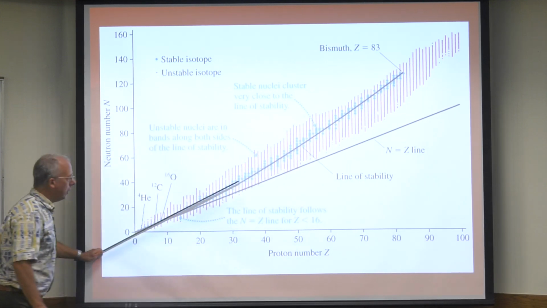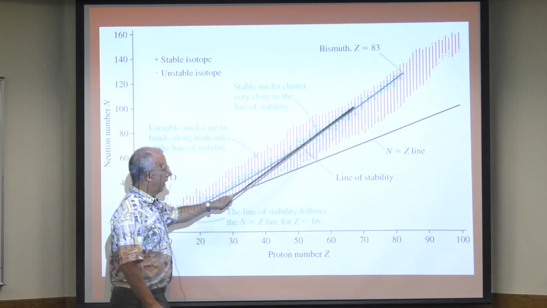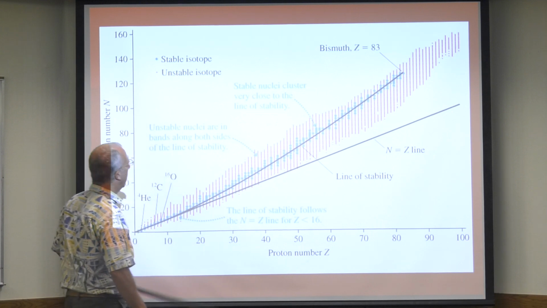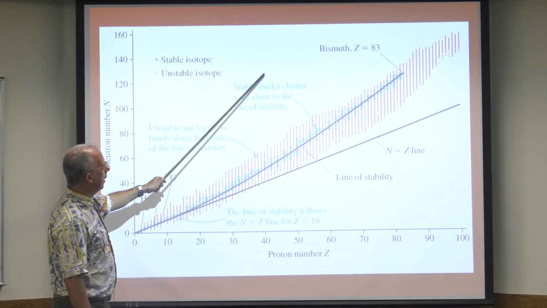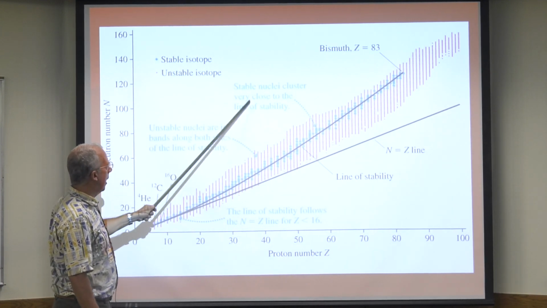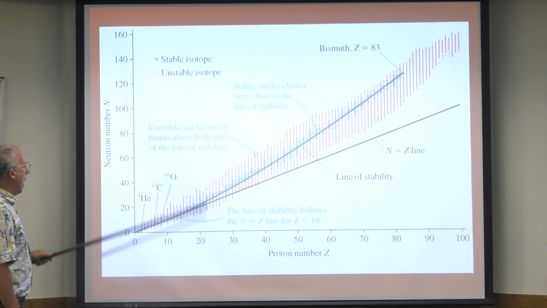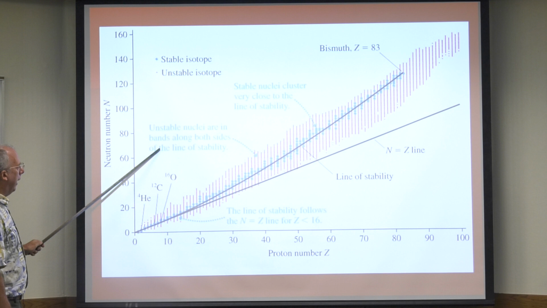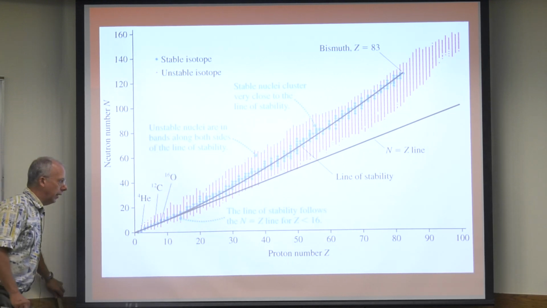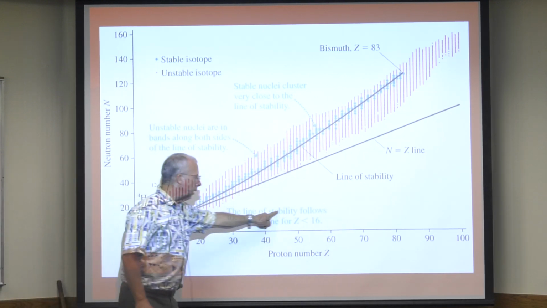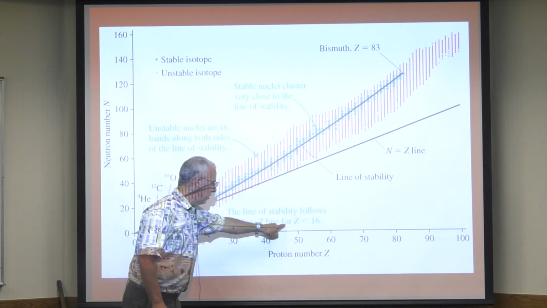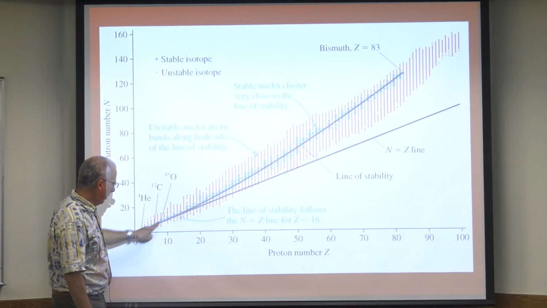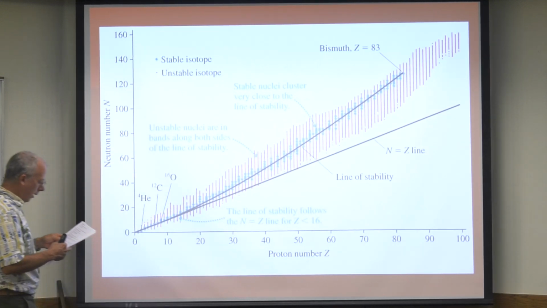They fall along this line, which is called the line of stability. Stable nuclei cluster very close to the line of stability. Unstable nuclei are in bands along both sides of it. The line of stability follows the N equals Z line for Z less than 16, so they're pretty much the same thing right here.